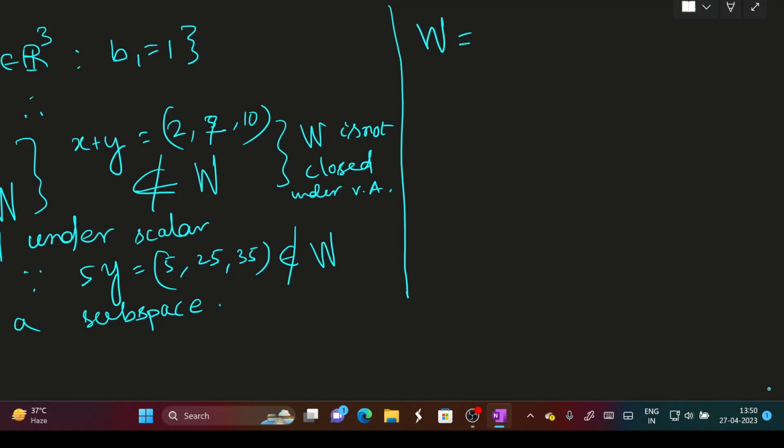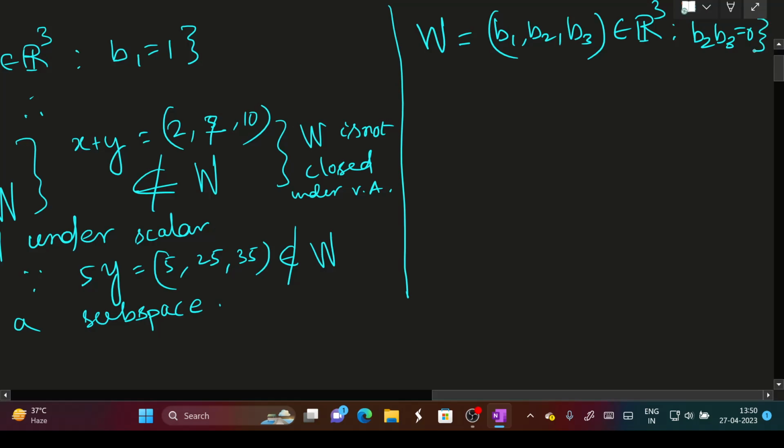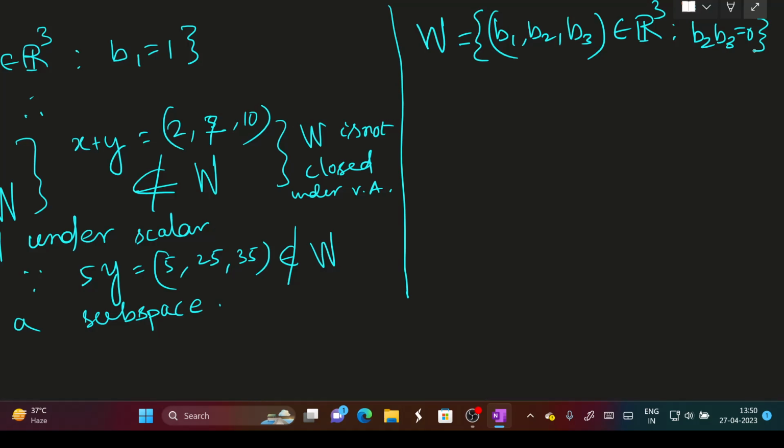W is equal to (b1, b2, b3) belonging to R^3 such that b2 times b3 is equal to 0. Now my claim is it is not a vector space. As it is not a vector space, I just require a counterexample.